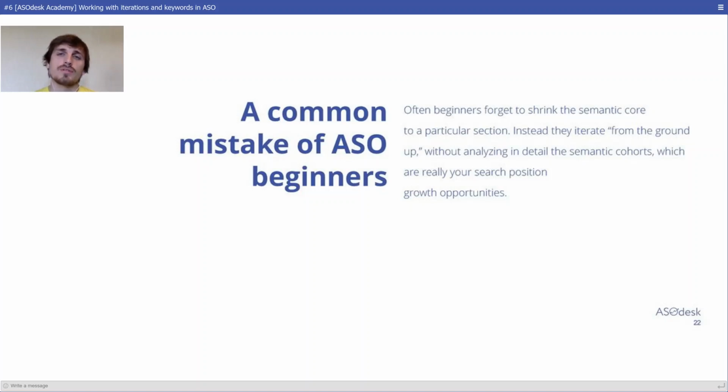So it all depends. Don't think about redoing the semantic core from scratch every time, but try to divide your semantic core into as many pieces as possible, and look into each cohort or tab or group of keywords in detail.